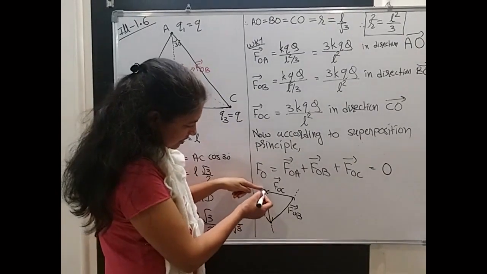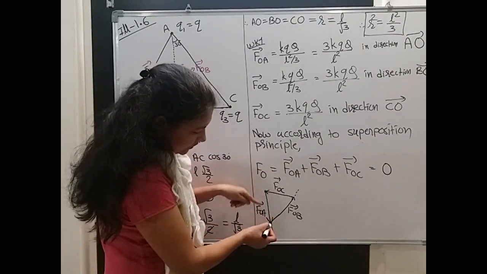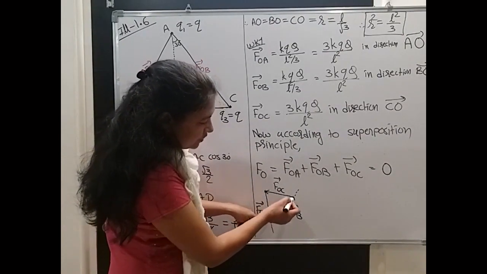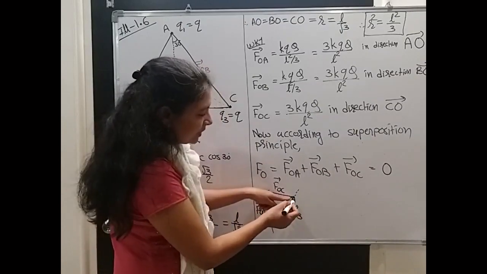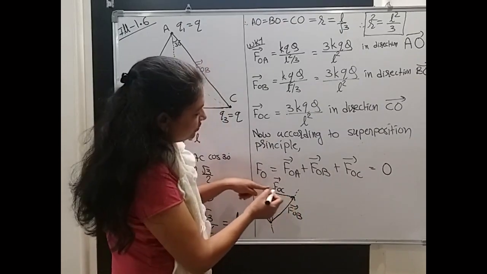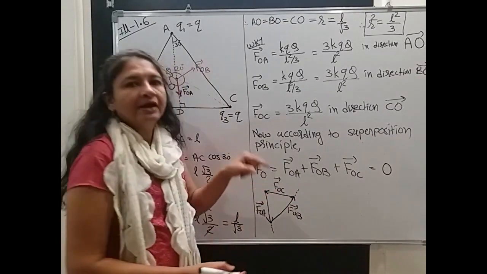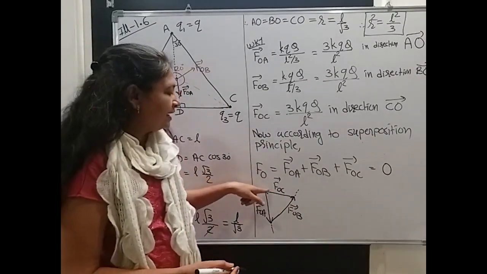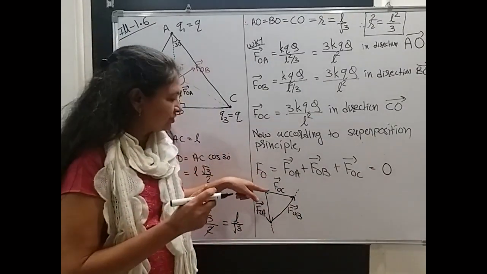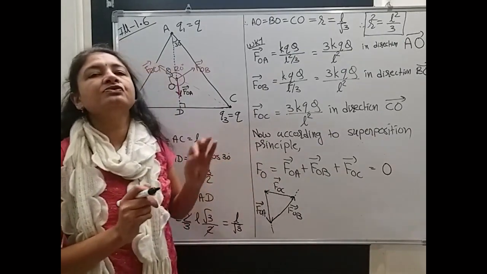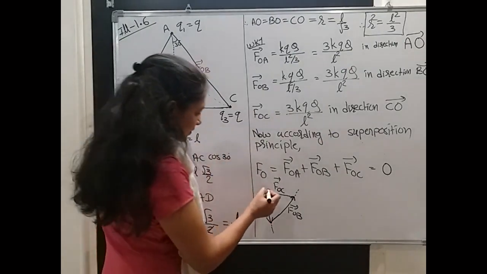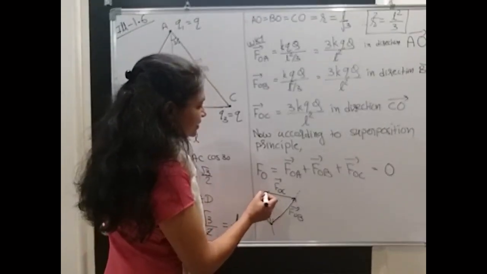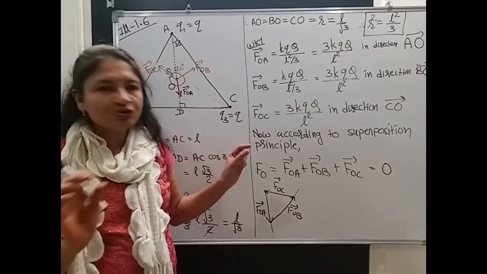Once again keep in mind, from the head of the first vector I have to draw the second vector, from the head of the second vector I have to draw the third vector, and the distance between the head of the last and the tail of the first gives you the resultant vector. So the head of the last and tail of the first touch each other, that means there is no separation.